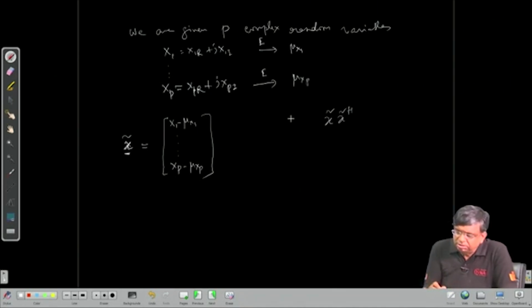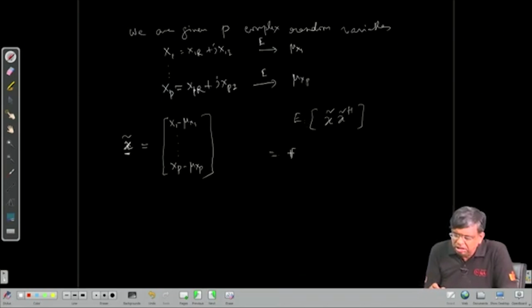And then I take expected value. I am not writing in the superscript anymore, it is with respect to all the real and imaginary. So, 2p variables here, everybody has 2, real, imaginary. So, total 2p number of real random variables, they come here. That is invisible, I am not writing anymore, okay, now you should be able to understand.